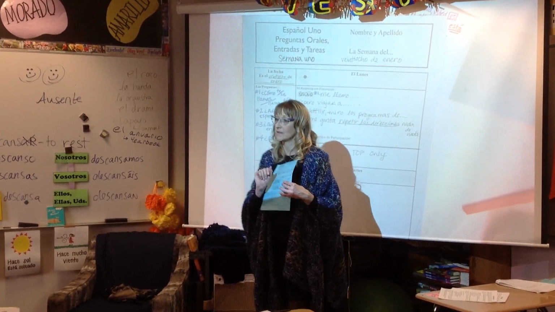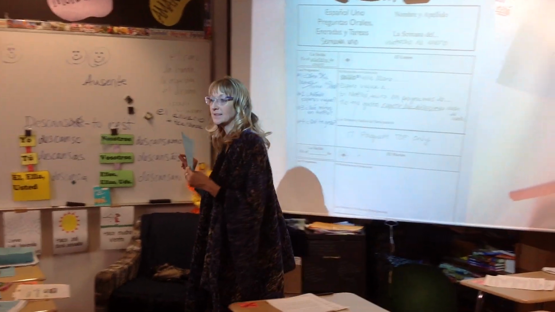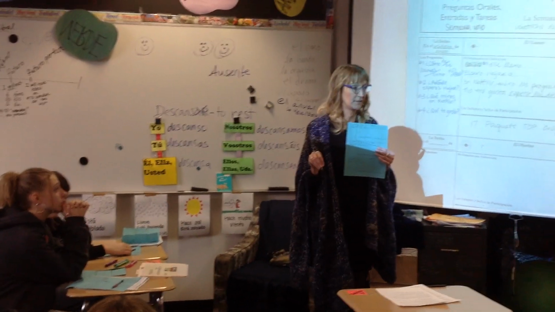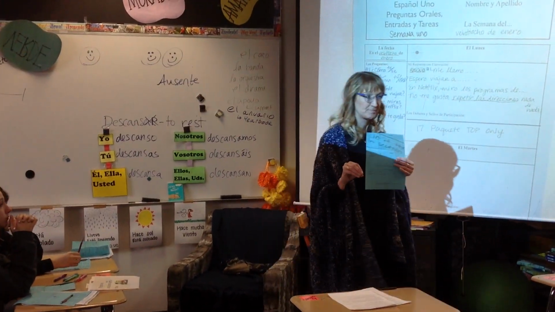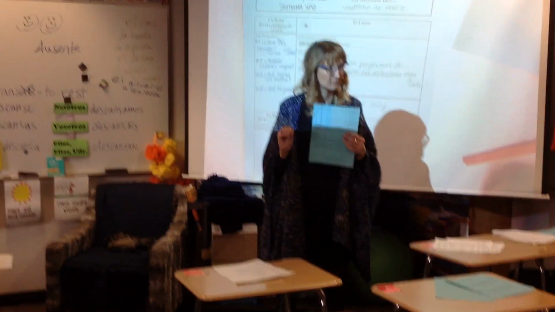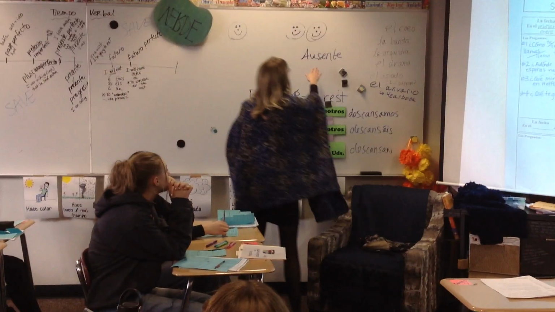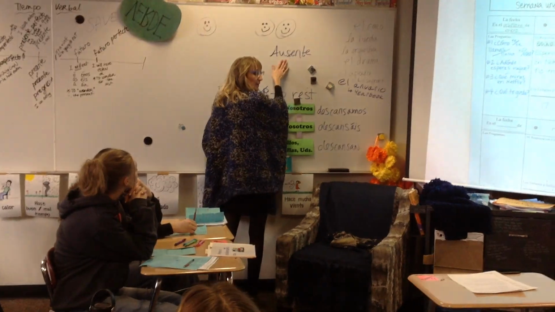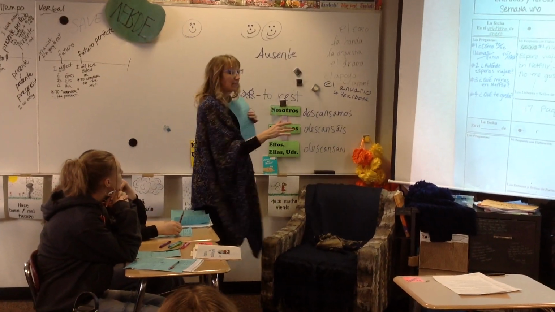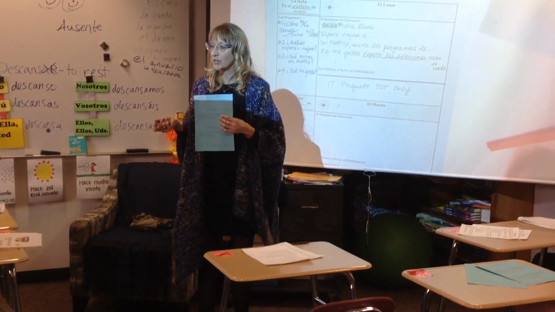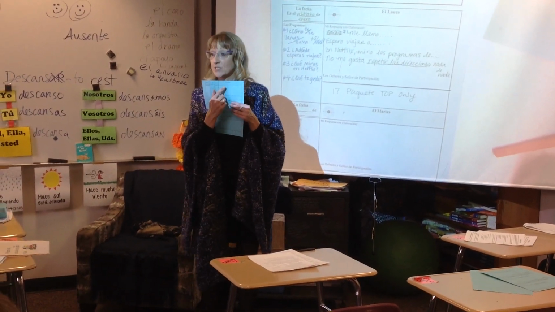Okay, let's say this. Let's say Mr. Golden is gone on Friday when we turn in our homework. How does he get credit? Okay, repite, ausente. Ausente means absent, and all he would need to do is on Monday when he returns, he would write ausente on the top of this sheet.